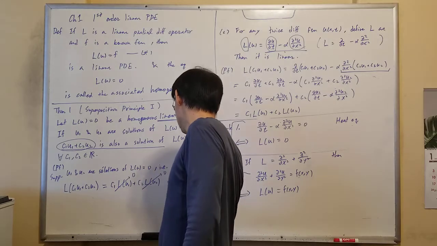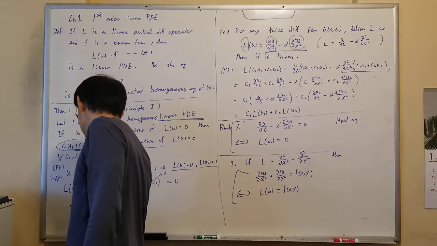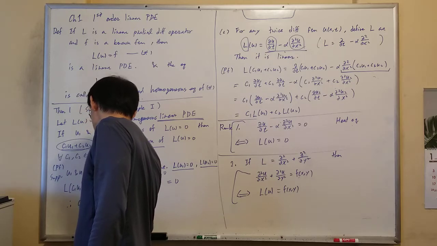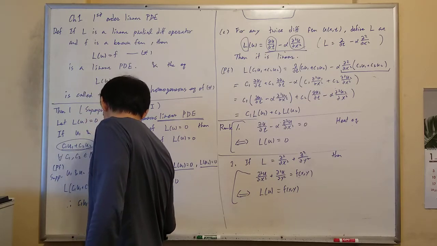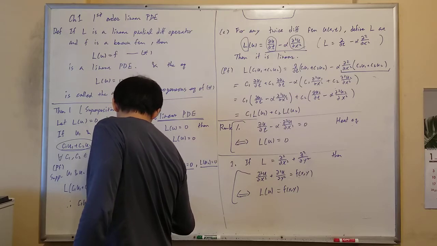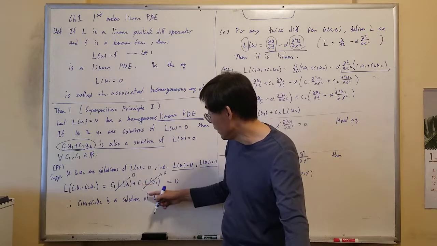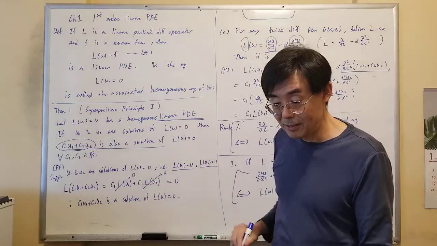So you get 0. That's why C1 U1 plus C2 U2 is also a solution. So this linearity is everything.